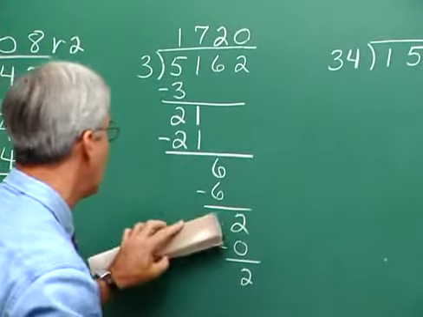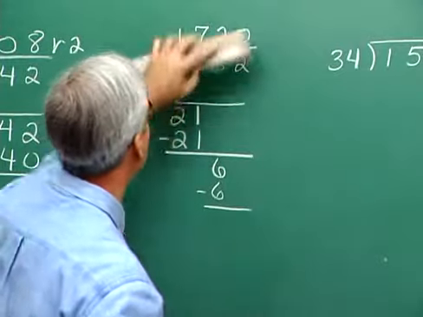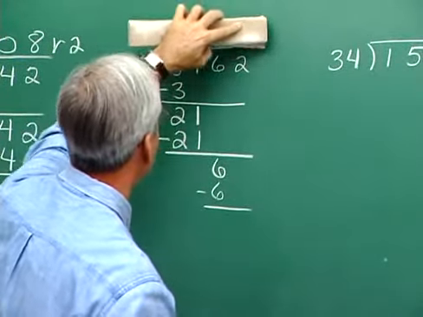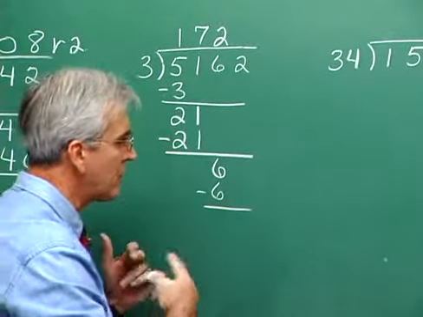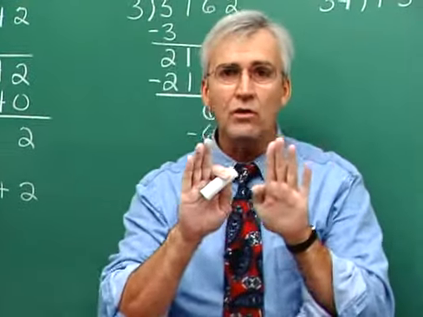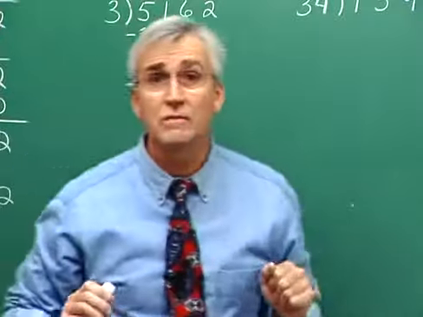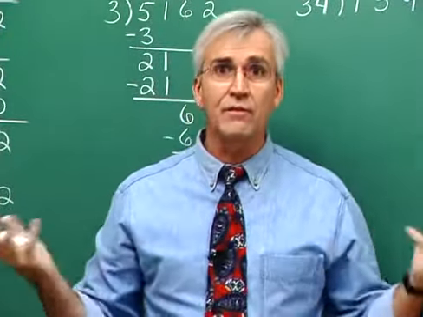Now here's the tendency in this problem. There is a tendency to say this. You learn, as you go through these and practice these, that when there are no other digits to deal with, when you have dealt with all of these digits and the remainder is smaller than the divisor, then you're finished with the problem.